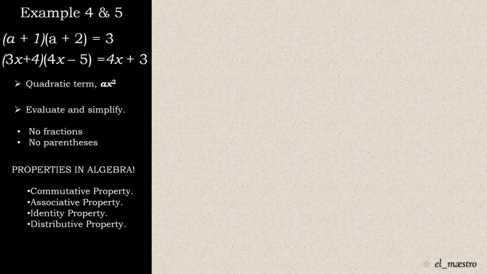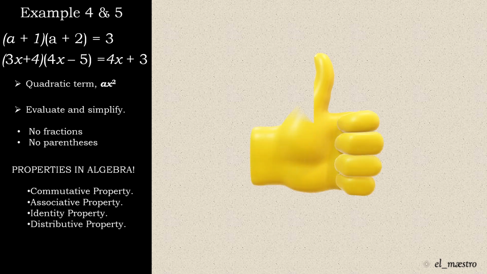So you answer a plus 1 times a plus 2 is equal to 3 in this, and example number 5 also. Okay? You can do it. After your answer, you continue with the video. You can also pause for a moment, then continue.